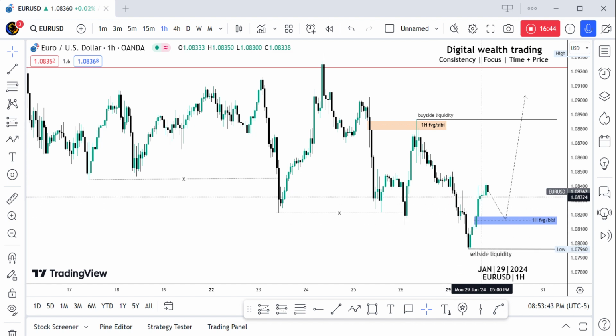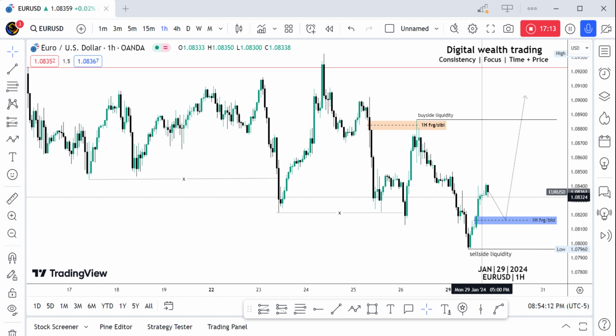Now casting forward, we can see we have an ICT hourly fair value gap below the current trading range, and we can expect that to hold price from rallying lower and support higher price delivery on euro. Now going in, my next draw on liquidity is a short time swing high, which is the buy side liquidity.